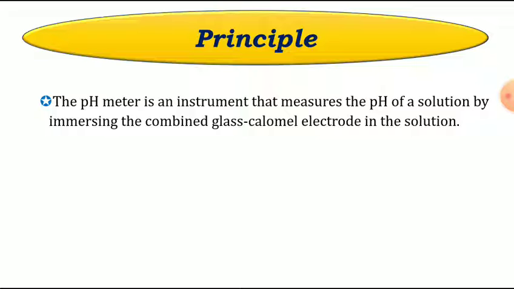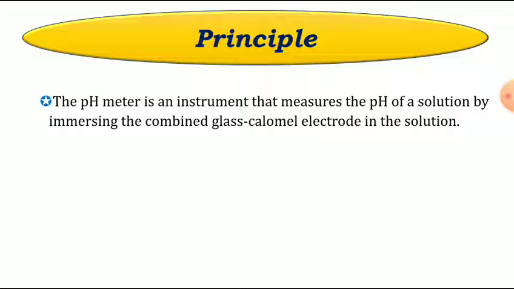The pH value of a solution ranges from what? 1 to 14. That is the pH scale, which has the range 1 to 14. Suppose the solution has pH value 1, that will be highly acidic, and when the pH value of the solution is 14, that will be highly basic, right?